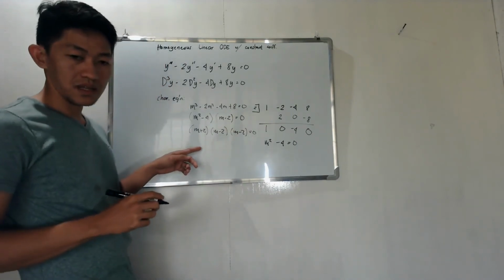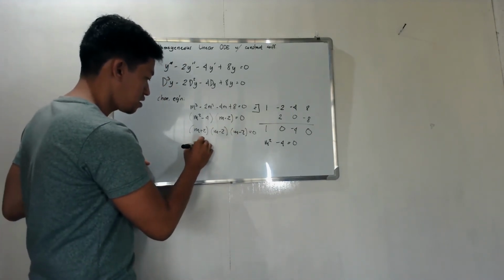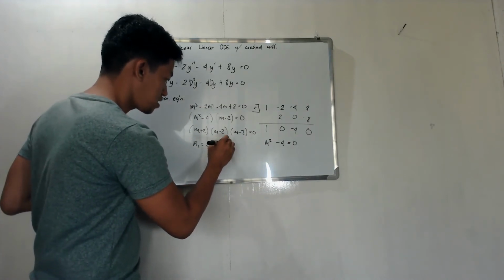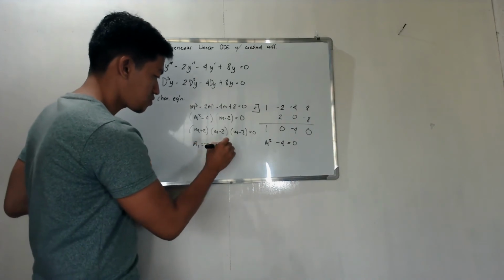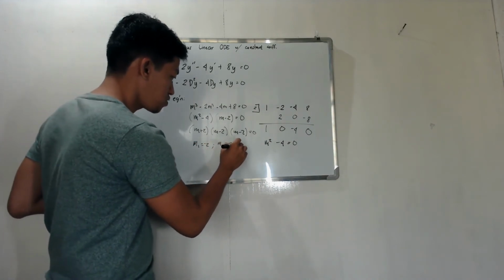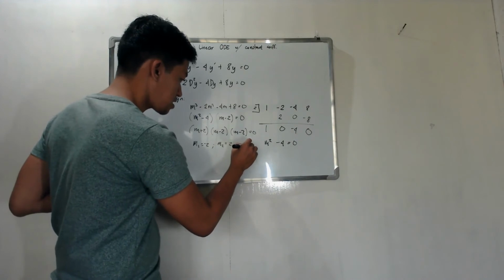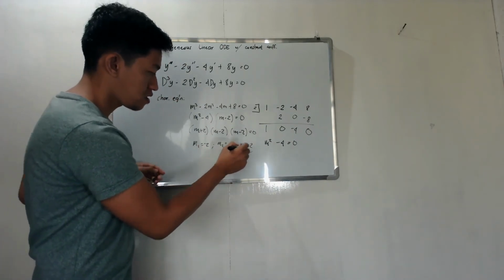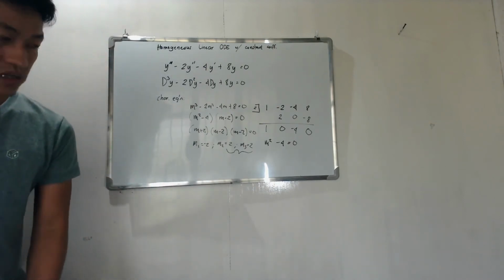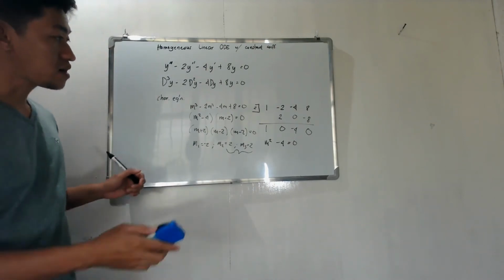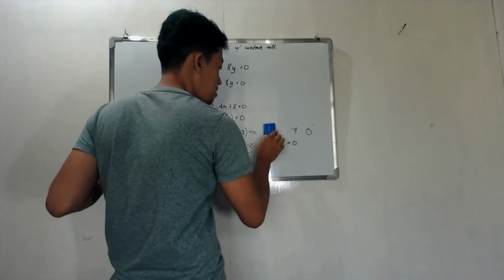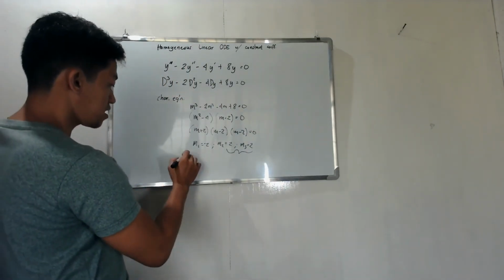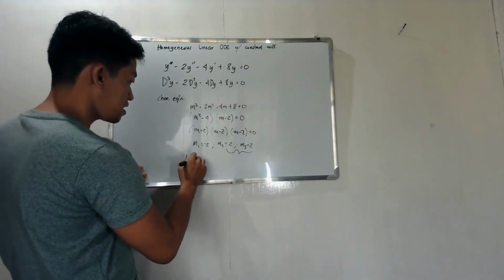So you have 3 roots. M1 is negative 2, M2 is 2, M3 is 2. Okay, so you have repeated roots sa case 2. So, anong gagawin mo kung mayroong repeated roots? Yung general solution mo would look like this.